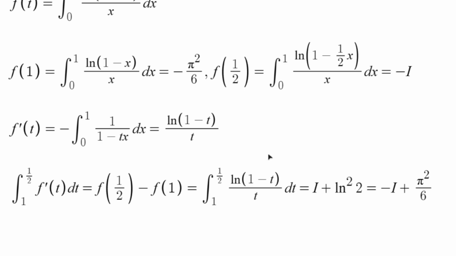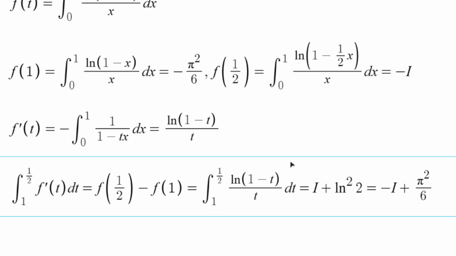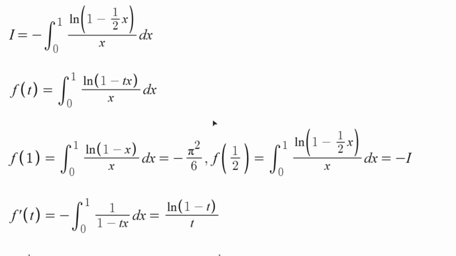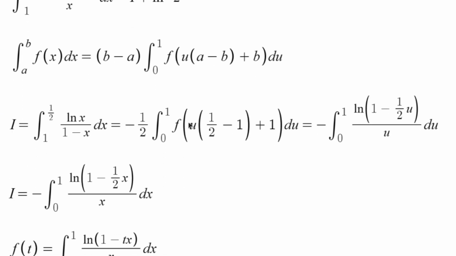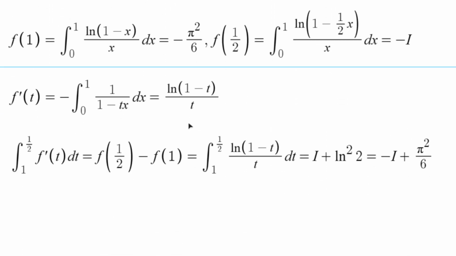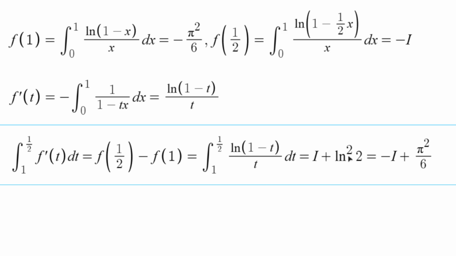But it's also going to be the integral from 1 to 1 half of this, which we know from earlier is equal to I plus natural log squared 2. Remember from earlier when we showed this. And that is exactly the integral we have right there. So that is equal to I plus natural log squared 2.